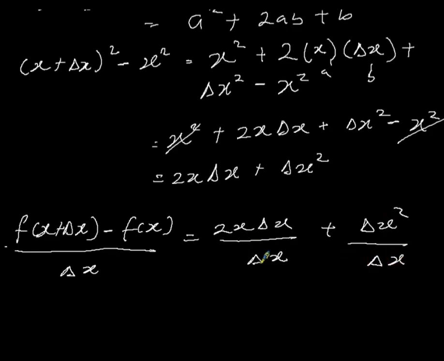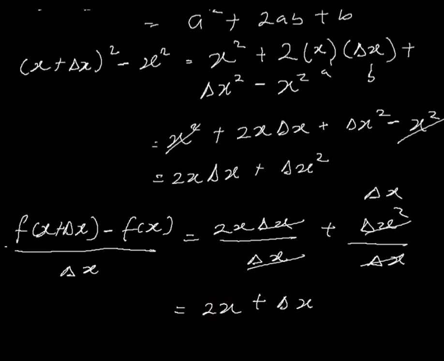We are dividing them individually, okay? And so we can say that change in x will cancel out change in x here, and if we do change in x into change in x squared, we should have change in x left up here. And so our final expression looks something like this: 2x plus change in x, right?